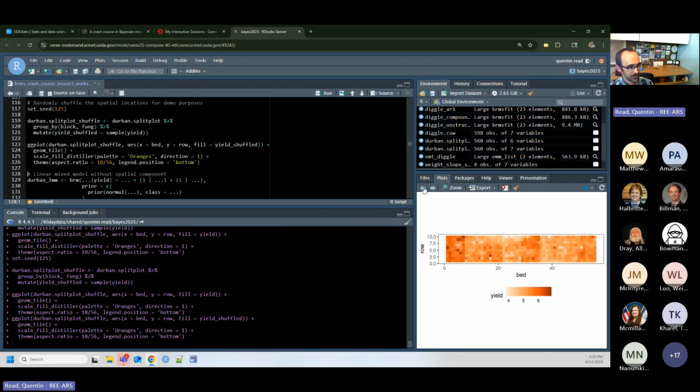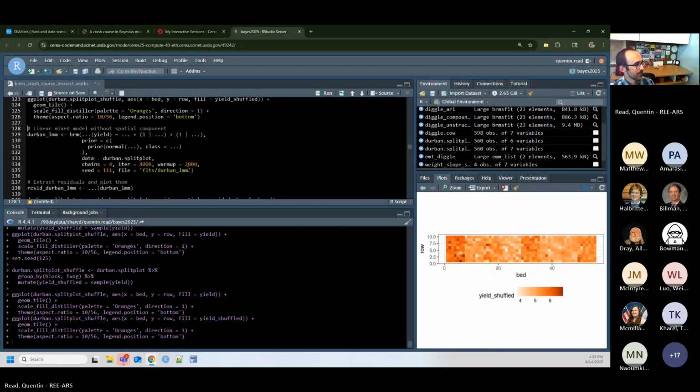If you go back to this one, you can see there's more spatial pattern there than in this one. This looks more random. So there's something spatial here that isn't going to be completely modeled if we just model the blocks and treatments and genotypes. Okay, does that make sense to everyone?